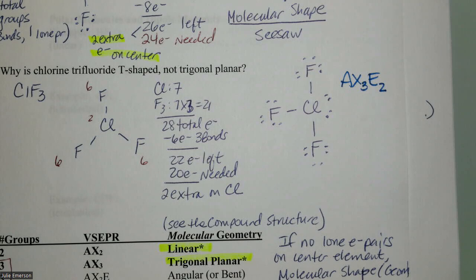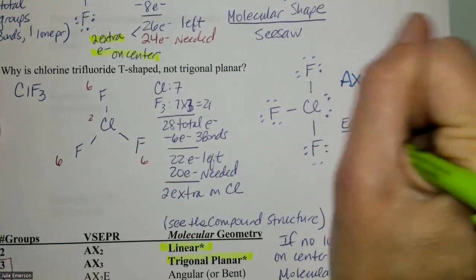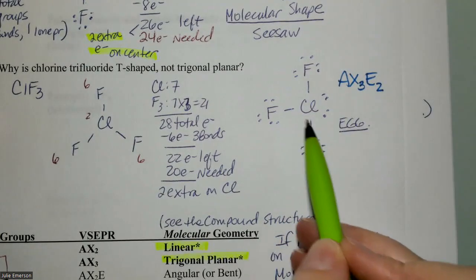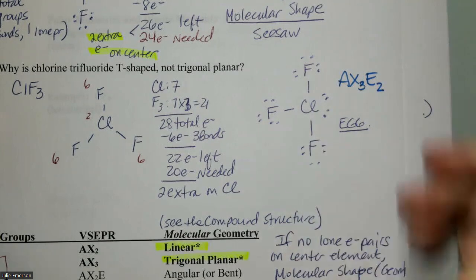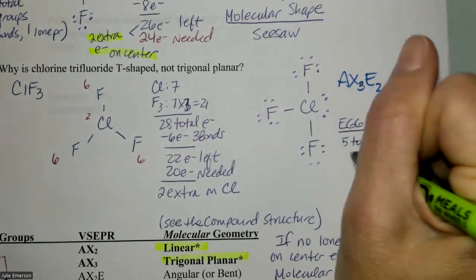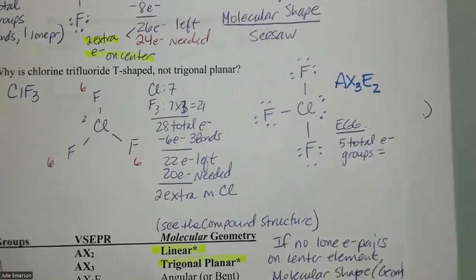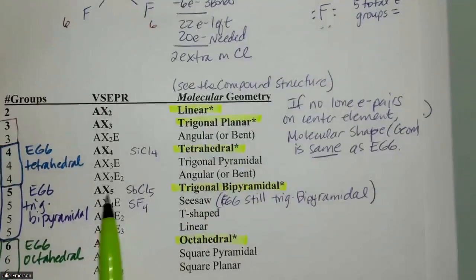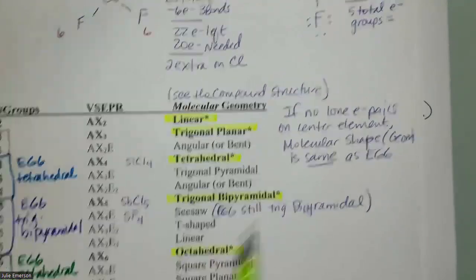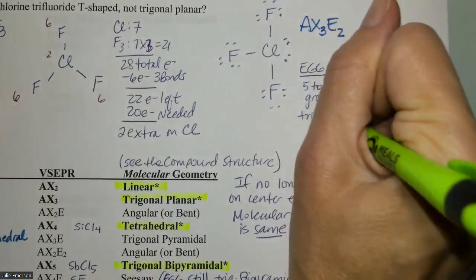So if I look at the 2 types of geometries, the electron group geometry: how many total electron groups are around the chlorine? 1, 2, 3, 4, 5. So 5 total electron groups. That means it would come under the AX5, the 5 total groups. So that is the trigonal bipyramidal. That's the one I want you to remember, trigonal bipyramidal.